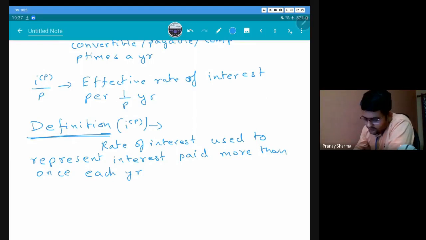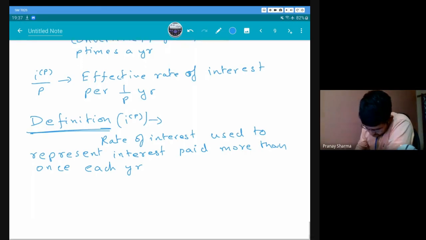So nominal rate of interest is just a rate of interest used to represent interest paid more than once each year. Okay. If we are paying interest more than once, then we'll be using IP. So in actuality, we will not use nominal rate of interest for calculation purposes.